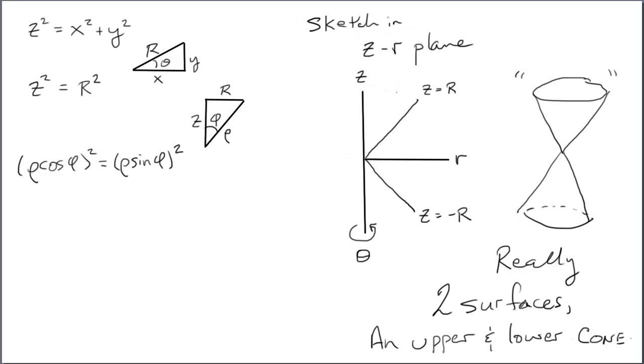Let's take a look at how spherical works, because that equation doesn't look the nicest. But it's not too bad, because I've got a rho on both sides. Rho is positive and non-zero, so I can divide both sides by it. Get rid of that. Sine squared is cosine squared. I can collect it together as tangent.